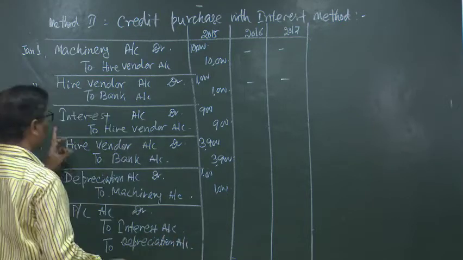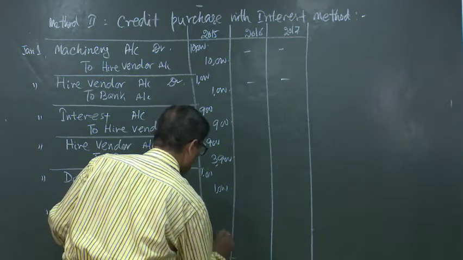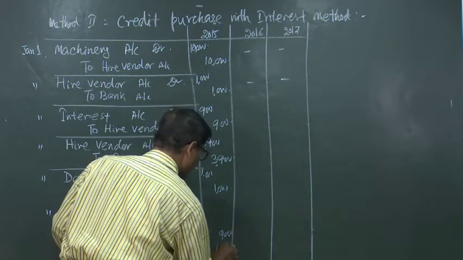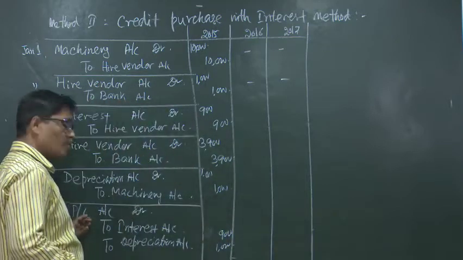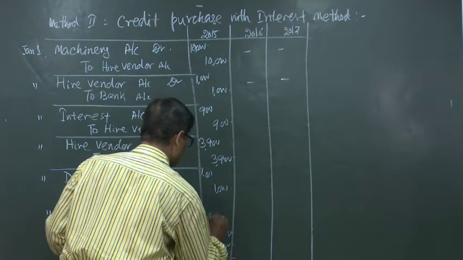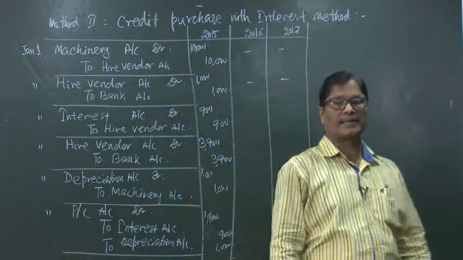To interest account how much? 900. To depreciation account 1,000. So, the total amount debited to profit and loss account will be 1,900. This will be the last entry at the end of the first year.